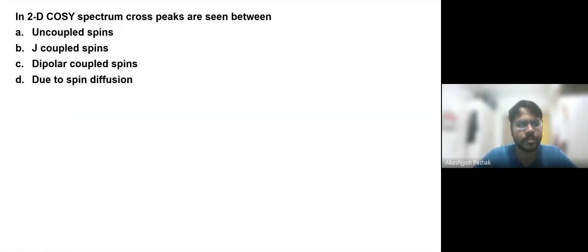Okay. So in a 2D COSY spectrum, cross peaks are seen between, so we just now saw that in a 2D COSY spectrum, cross peaks will be seen between J coupled spins, isn't it? The COSY experiment will provide information about the J coupling between two spins. NOE provides information about dipolar coupled spins, but the COSY experiment provides information about the J coupled spins.